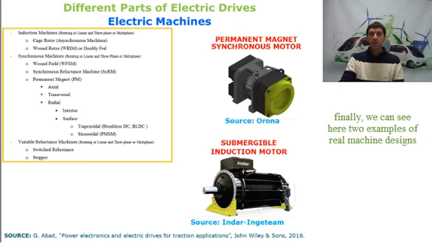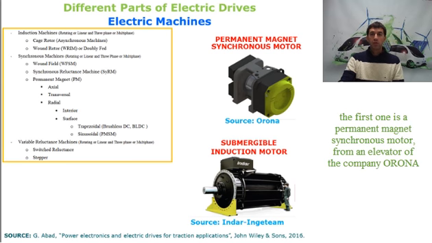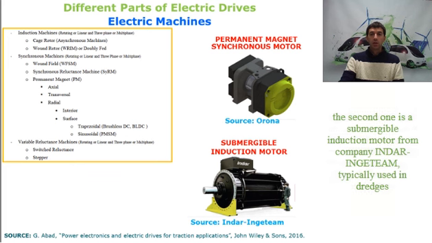Finally, we can see here two examples of real machine designs. The first one is a permanent magnet synchronous motor from an elevator of the company Orona. The second one is a submersible induction motor from company Ingeteam, typically used in dredges.